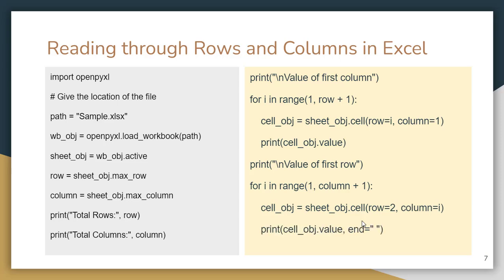Print cell_object.value comma end equals double quotation. Notice here inside the double quotation there is a space, so that we get different values with a space, one after one, each value separated by a space, using end equals double quotation with a space.